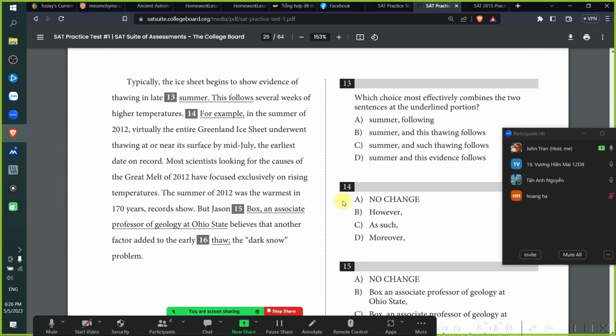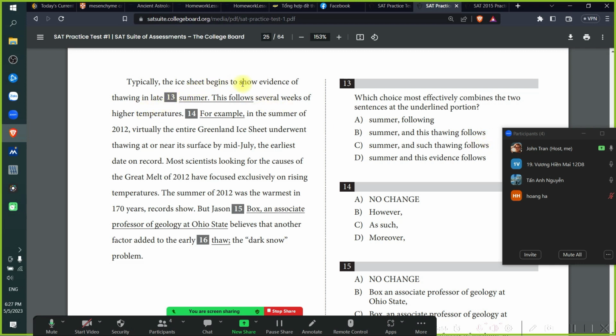Okay, now, which choice most effectively combines the two sentences at the underlined portion? So lựa chọn nào nó kết hợp một cách hiệu quả nhất hai cái câu ở cái chỗ mà được gạch dưới? B or D? B. Okay, summer, comma, and this thawing follows several weeks of high temperature.